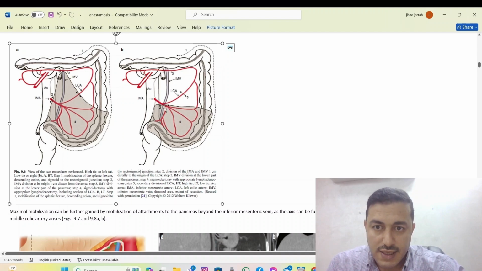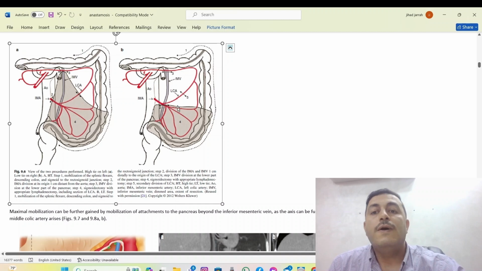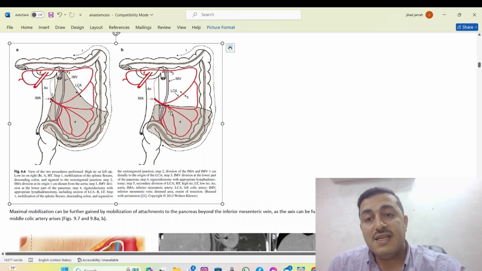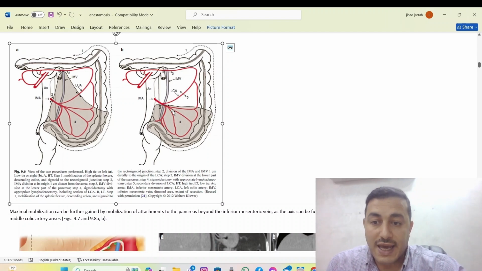Here, you see, this is step 2, where the division occurs distal to the origin of the left colic. This is the left colic. As it goes from the inferior mesenteric artery distally a little bit, we cut the inferior mesenteric artery and vein.